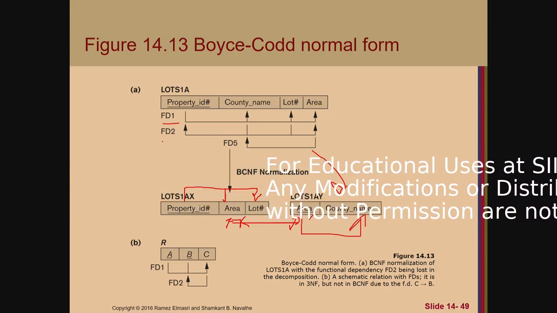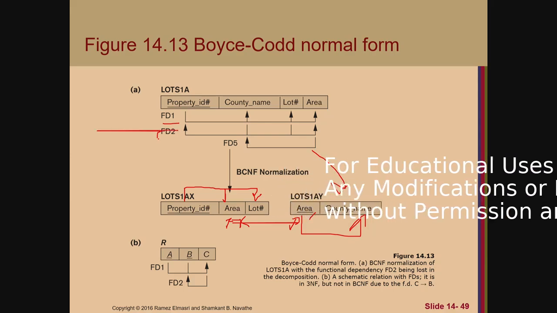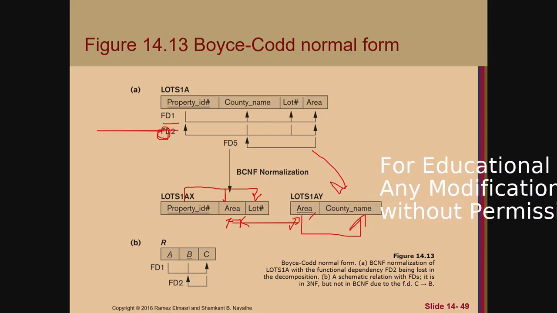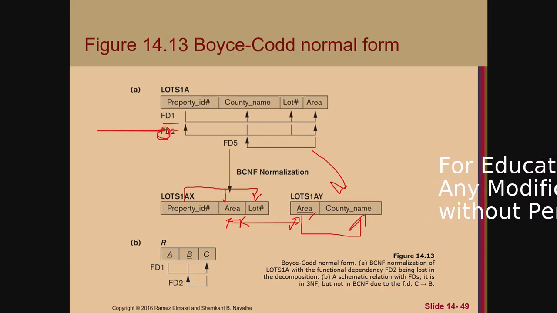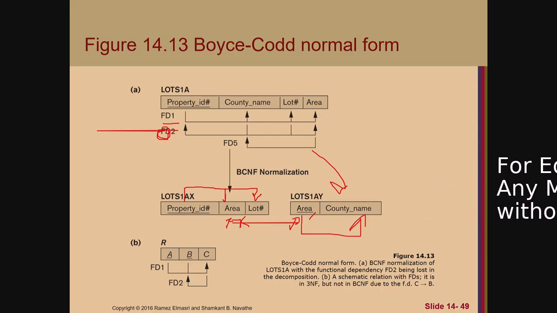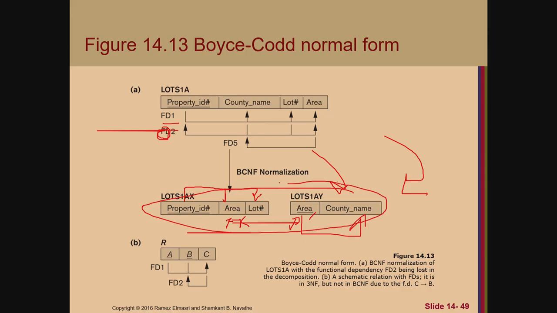But the second functional dependency is lost after we decompose to Boyce-Codd normal form. Yes, it will become like this.